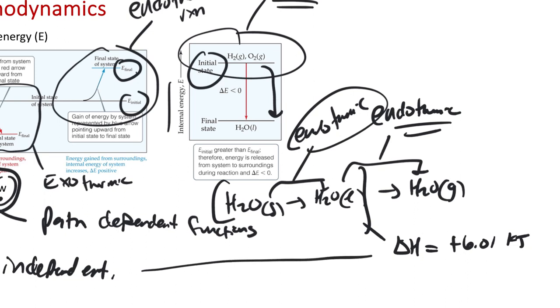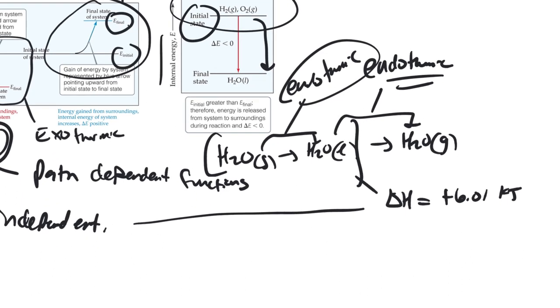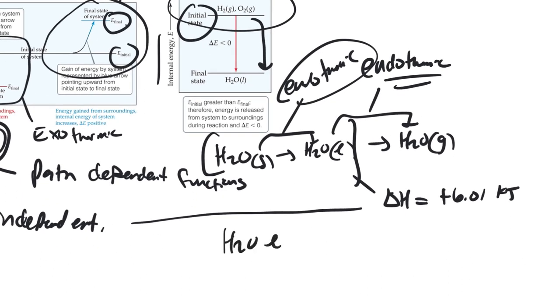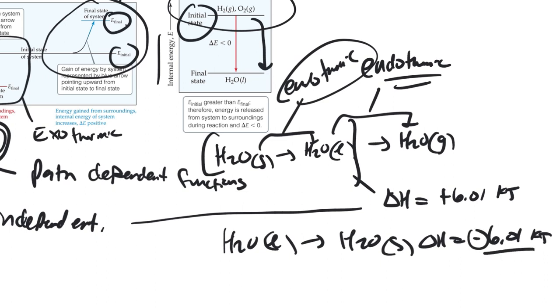What that helps us understand is that if I flip the reaction, then the sign should just flip. So if I flip it to water liquid going to water solid, I can flip this and know that the delta H just goes negative. It just goes to the opposite sign, with the same numerical value.